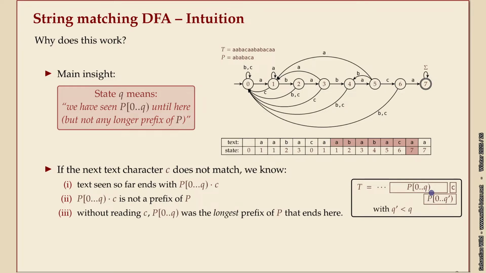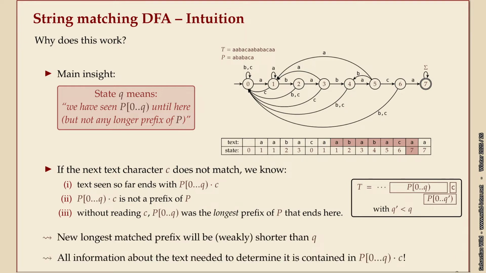And that means all the characters that you need to find out how far you have to go back in the pattern, that's all determined by the prefix that you previously matched. And these characters before that, they're not interesting. They're never used. All the information that we could potentially need is contained in this prefix of the pattern and the next character.